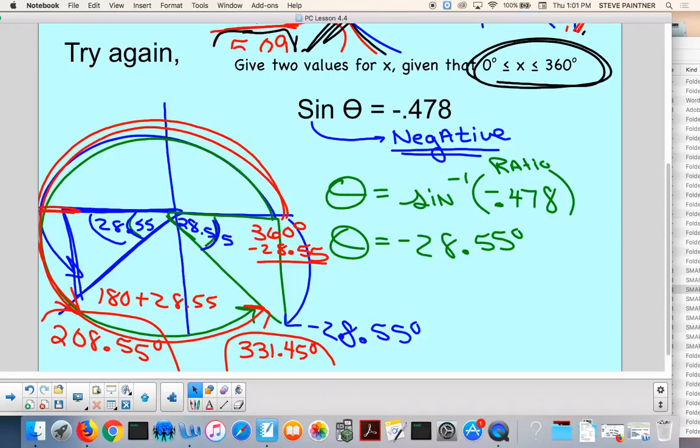Cosine. So secant would be r over x. Yes, it is. But you don't know that line. X is there.